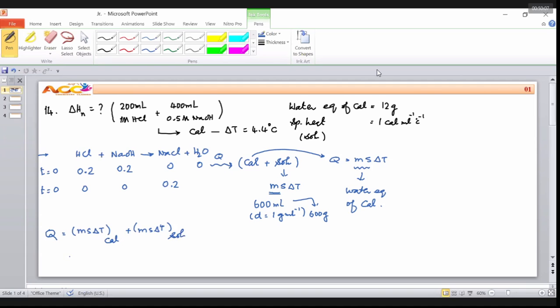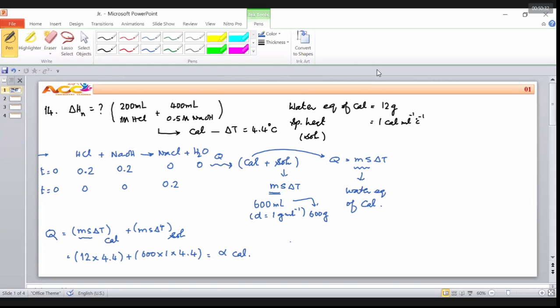Calorimeter water equivalent 12, delta T 4.4, plus mass of solution 600 grams, specific heat 1 calorie, into delta T 4.4. Okay, you got the answer. What is that answer? Alpha calories.